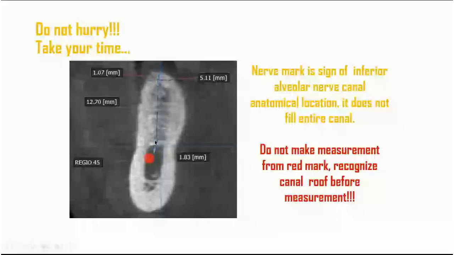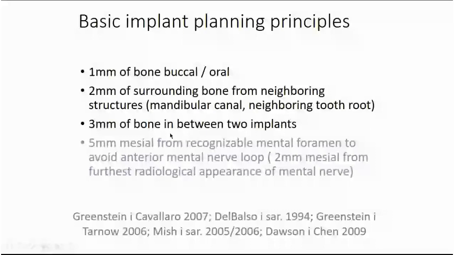But usually the canal is 2 millimeters wide, and we should be able to recognize the roof of the canal, and our measurements should be made to the beginning of the roof, so we could plan the whole procedure really carefully later on, and use the appropriate length of the implants.